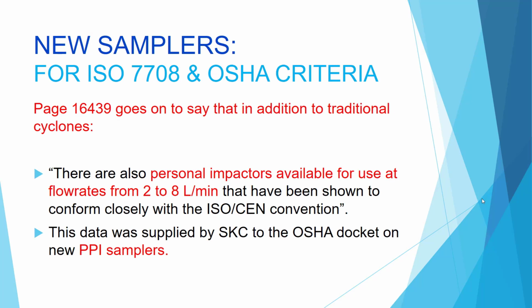The OSHA standard goes on to say there are also personal impactors available for use at flow rates from 2 to 8 liters per minute that have been shown to conform closely with the ISO CEN convention. This data was supplied by SKC to the OSHA docket on the new PPI samplers.